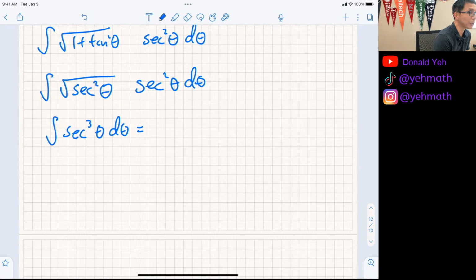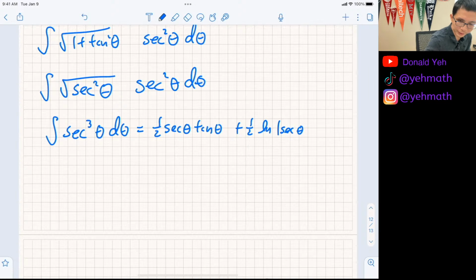It's one half secant x tangent x plus one half natural log of secant of theta plus tan of theta plus c.